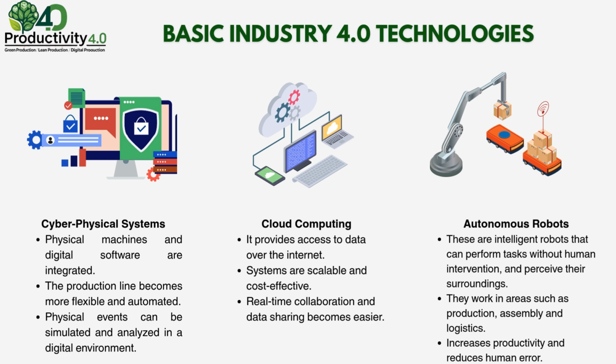Second, cloud computing enables internet-based access to data, scales systems efficiently, reduces costs, and facilitates real-time collaboration and data sharing. Lastly, autonomous robots are intelligent machines capable of performing tasks without human intervention. When used in areas such as production, assembly, and logistics, they increase efficiency and minimize human error. These core technologies reveal the powerful opportunities offered by Industry 4.0.